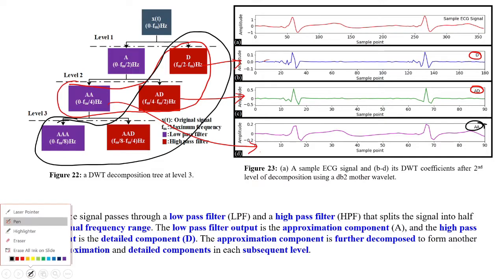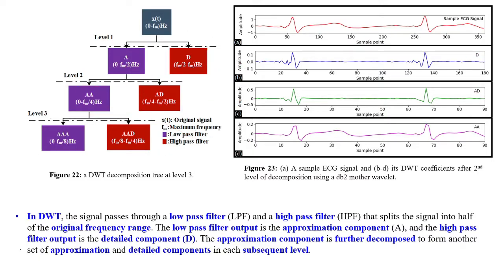So the main idea over here is that we are breaking down the signal coefficients based on the frequency. Say I have a signal component which is 20 seconds long, and it has frequency components 0 to 200.